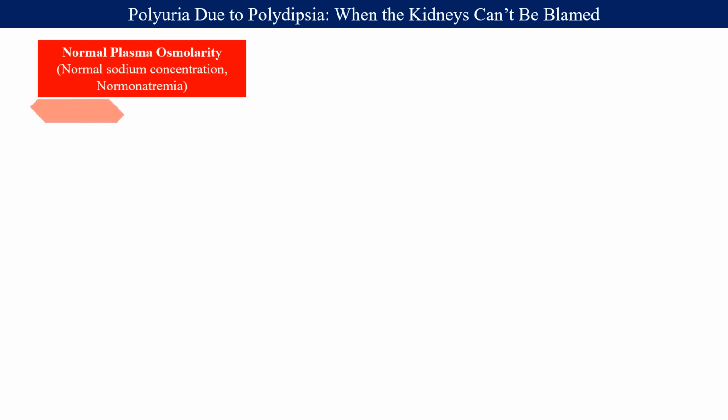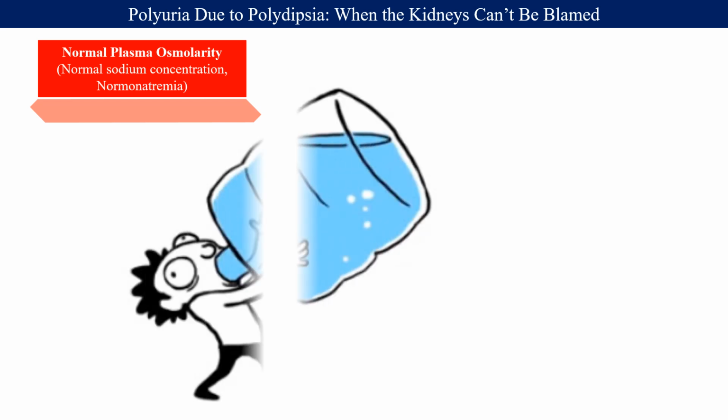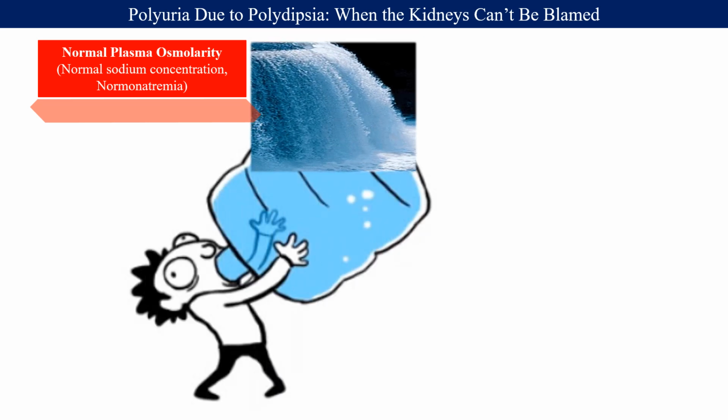In the case of polydipsia, polyuria has nothing to do with ADH or problems with the kidneys. Imagine an otherwise healthy individual with normal kidneys, normal ADH secretion, and normal plasma osmolarity, as evidenced by a normal plasma sodium concentration, who now decides to drink 10 gallons of water.